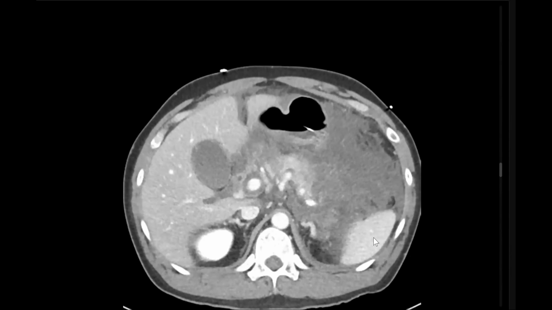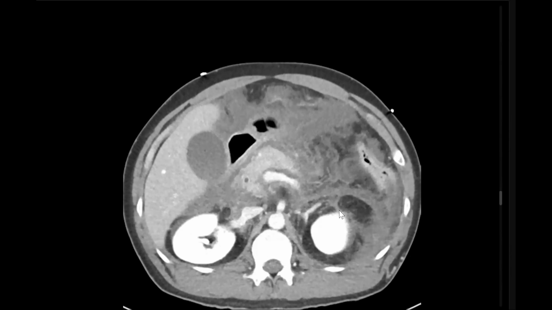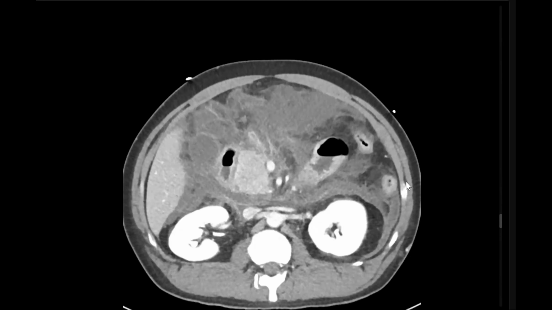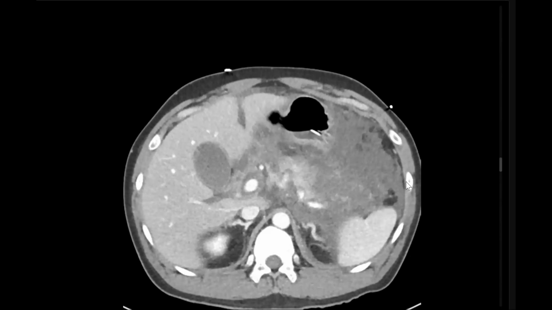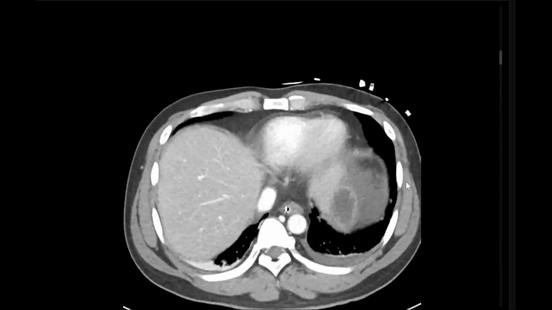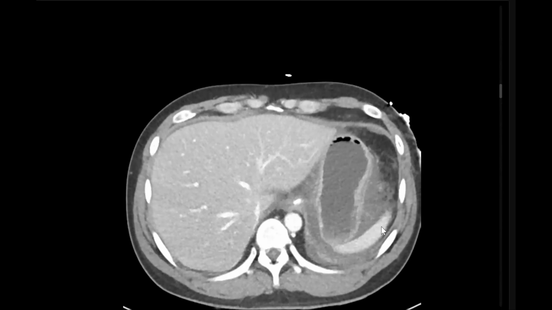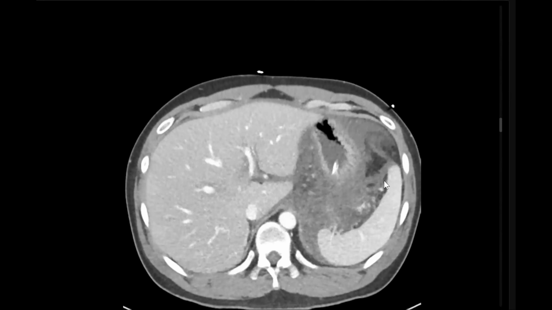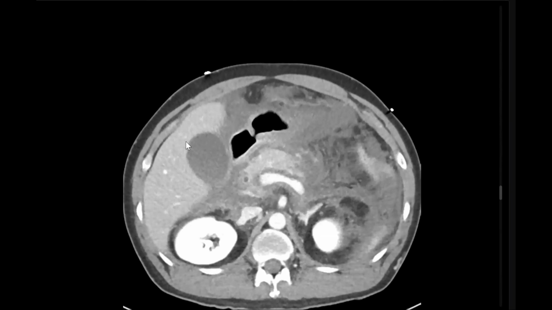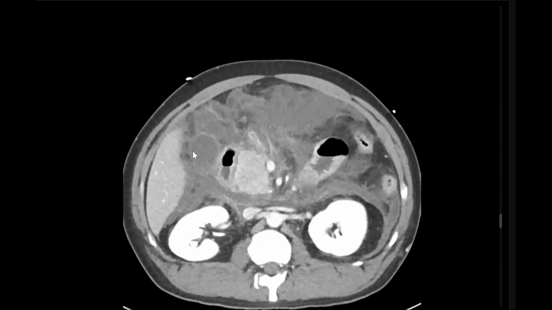There's also mesenteric fat stranding noted, and there is also thickening of the anterior renal fascia seen, and there is also reactive thickening of the walls of the stomach noted as well. Yes, reactive thickening of the gastric wall. So these are pointing towards acute pancreatitis.